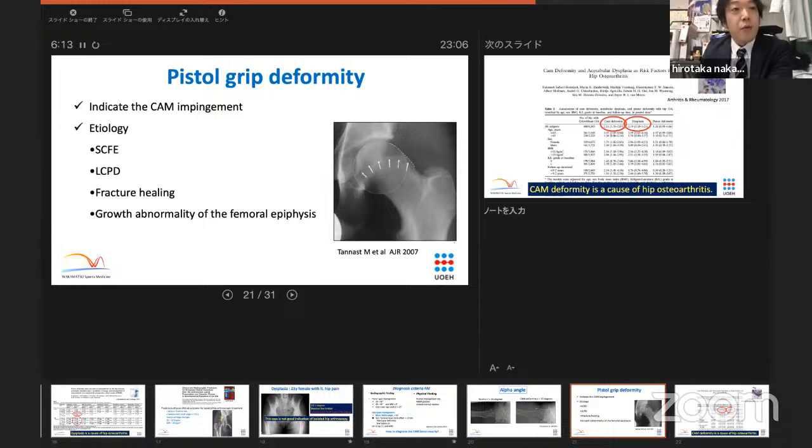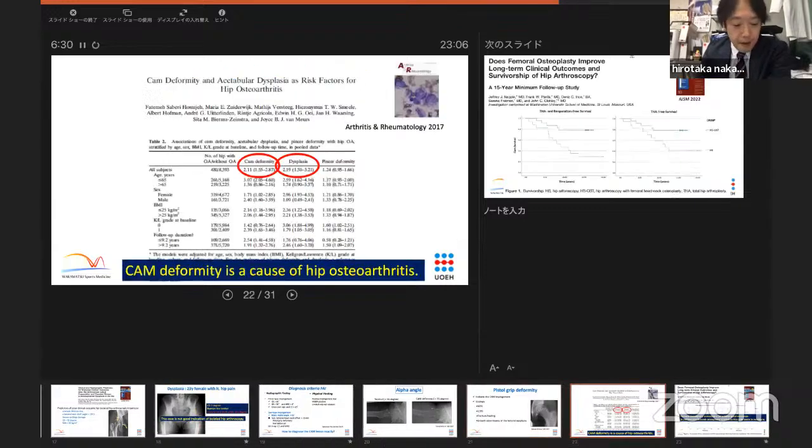The growth abnormality of the femoral epiphysis is known as the cause of CAM region, and SCFE, LCPD, and fracture healing are known as the secondary causes of CAM regions. And CAM region is a cause of hip osteoarthritis.